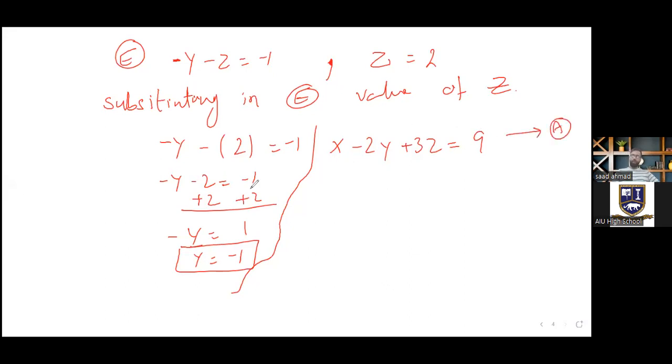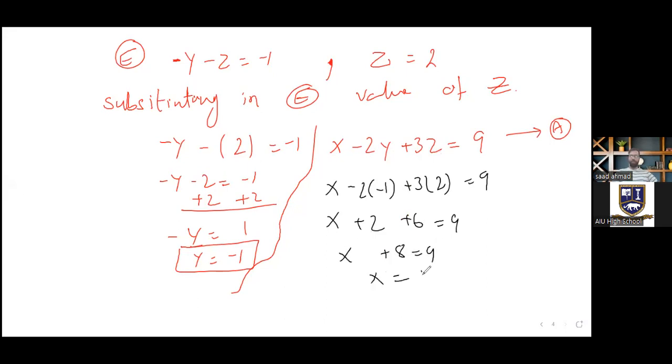Now we will put the values of the y and the z in it to find the x. So x minus 2 times minus 1 plus 3 times the value of z, which is 2. So x plus 2 and then plus 6 equals 9. So that's 8. So x plus 8 equals 9. So x equals 1.